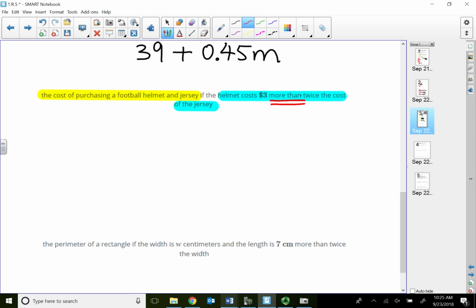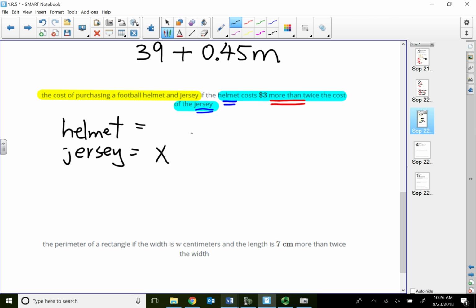Who is more than who? Who am I comparing here? I'm comparing the helmet and the jersey. So when I'm comparing two different items, I'm going to let the item listed at the end of my translating phrase be X.